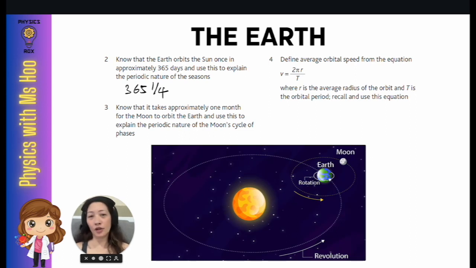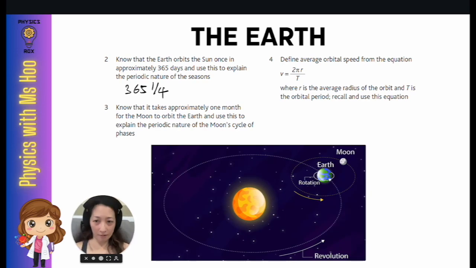For example, the countries that are closer to the equator that just have hot weather throughout the year. And then there are some parts of the Earth where in different times of the year they have 24-hour sun or 24-hour darkness. You need to know that this is all because of the tilt of the Earth and the orbit of the Earth around the Sun.